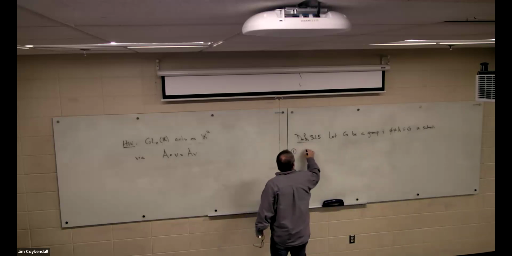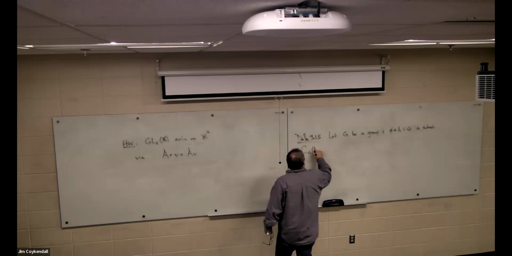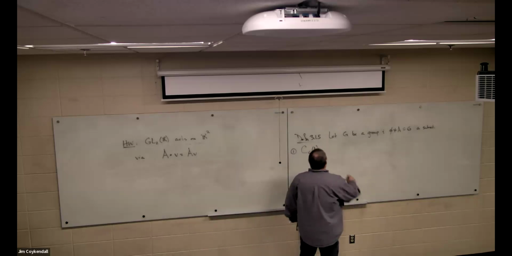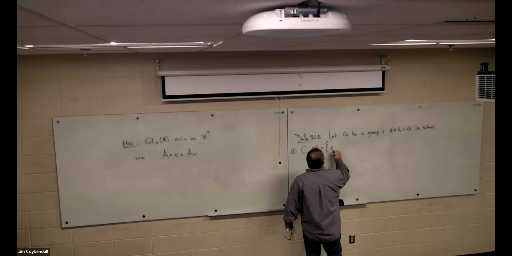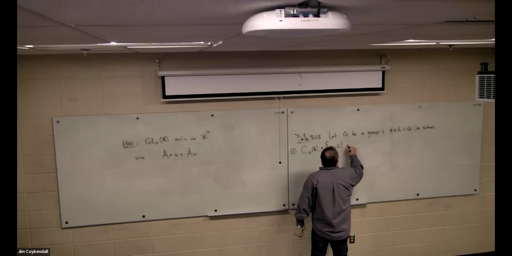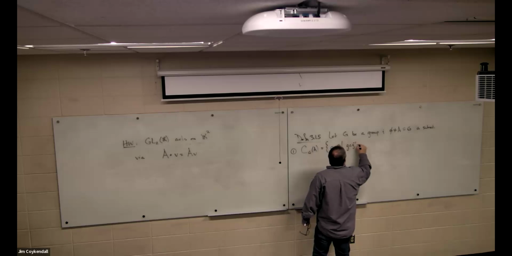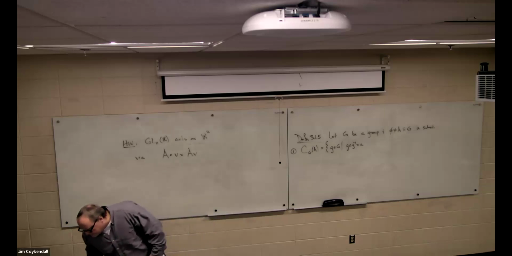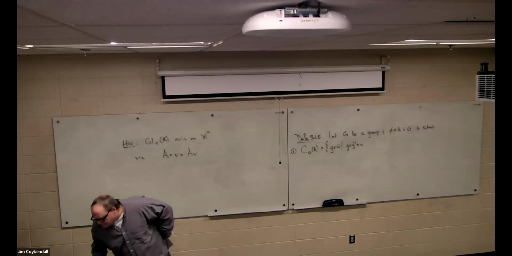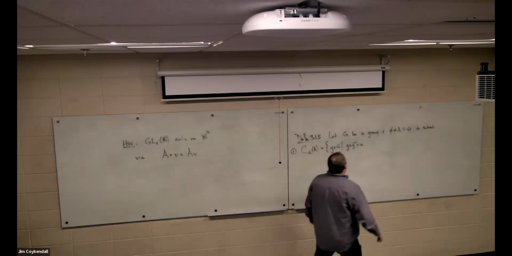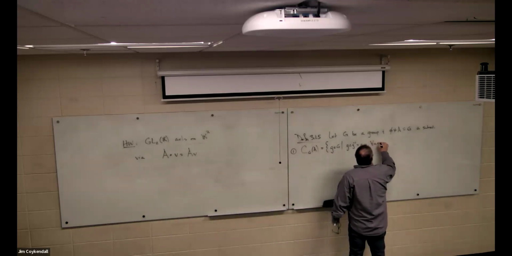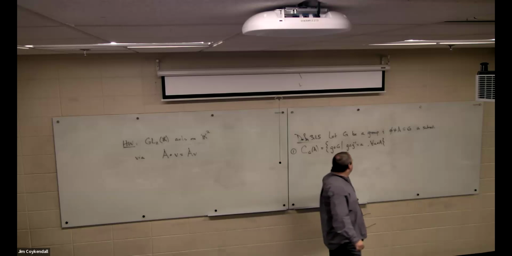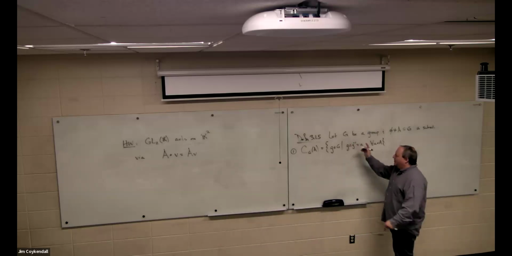Number one, this is called the centralizer of A in G. This is the set of everything g in G such that g a g inverse is equal to a. Yeah, it's the set of everything that conjugates a and leaves it alone. I think in my notes I've got the g inverse here and the other one here.